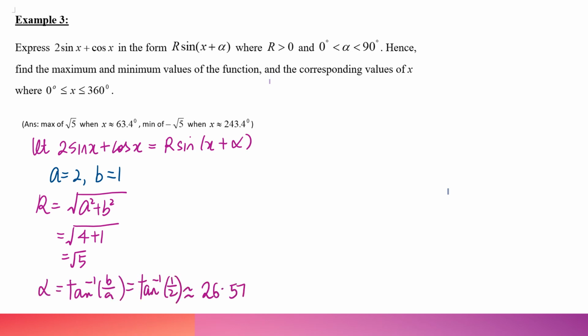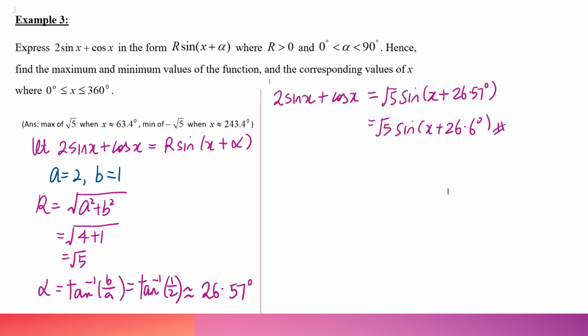Go on to find your alpha, which is tangent inverse half, which is 26.57 degrees. So we have done the first step. Mission accomplished.